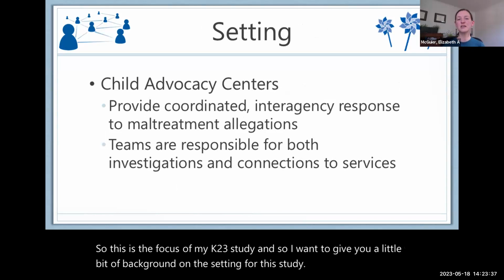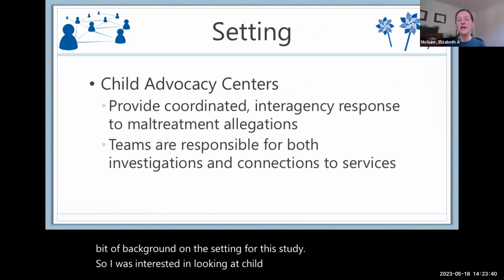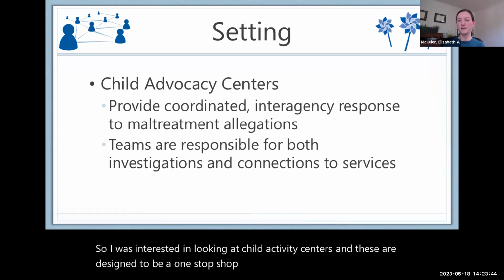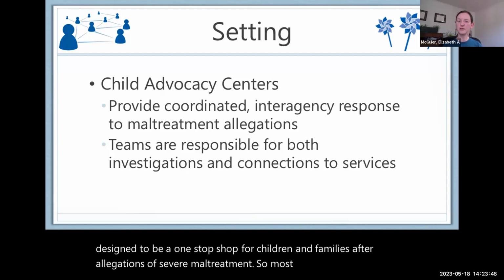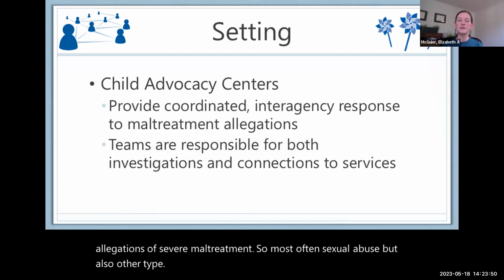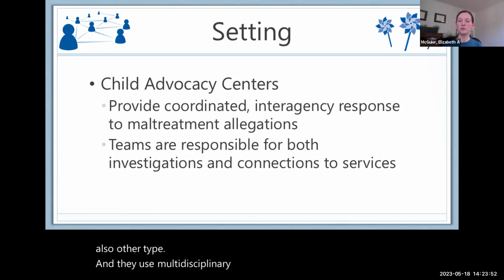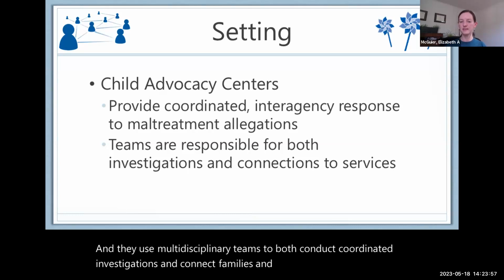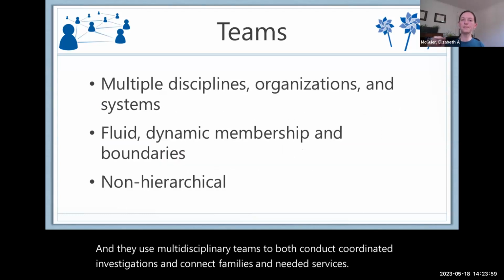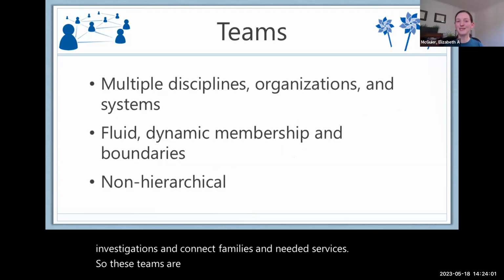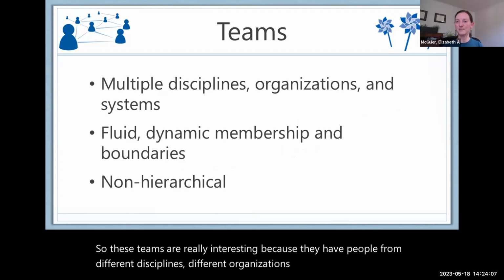So I was interested in looking at child advocacy centers, and these are designed to be a one-stop shop for children and families after allegations of severe maltreatment. So most often sexual abuse, but also other types. And they use multidisciplinary teams to both conduct coordinated investigations and connect families with needed services. So these teams are really interesting because they have people from different disciplines, different organizations, and different systems.